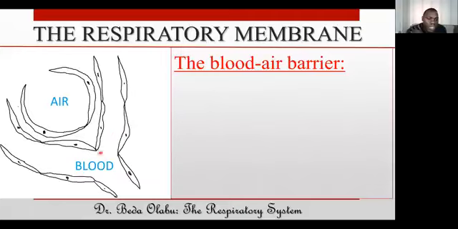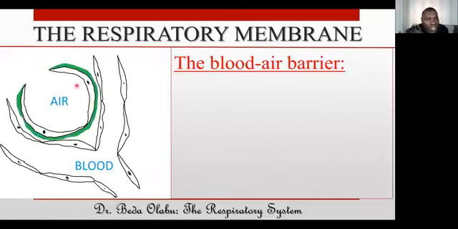Remember, capillaries are lined by endothelial cells. A capillary, just branching there, containing blood. Endothelial cells are epithelial cells, the same way pneumocyte type 1 are epithelial cells. They are both made up of simple squamous epithelial lining, as you can see.